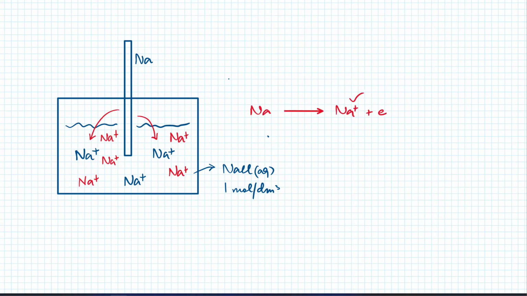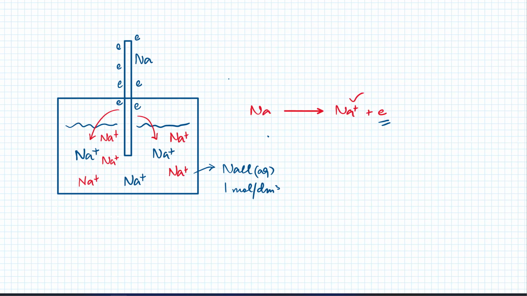Where are all the electrons going? They're not going anywhere. It's a metallic rod. It's got a delocalized electron cloud, and that delocalized electron cloud is increasing in size. Why? Because sodium is constantly losing electrons. It's constantly dissolving into ions, and it's leaving those electrons behind on the metallic rod.